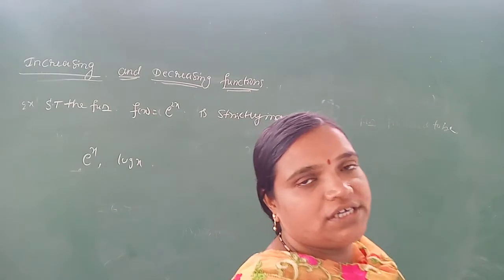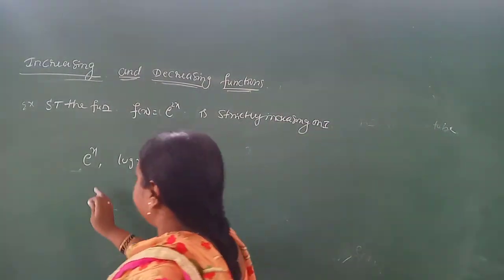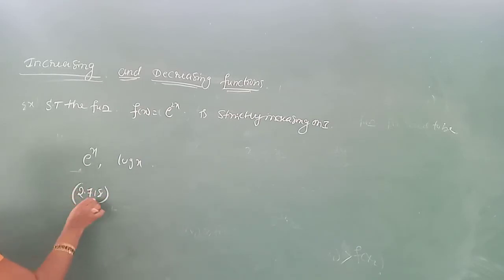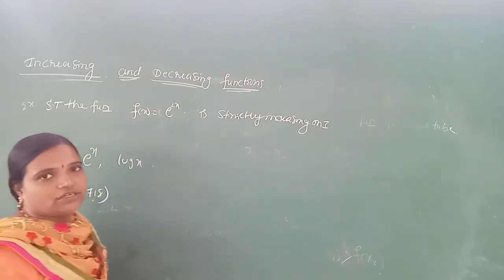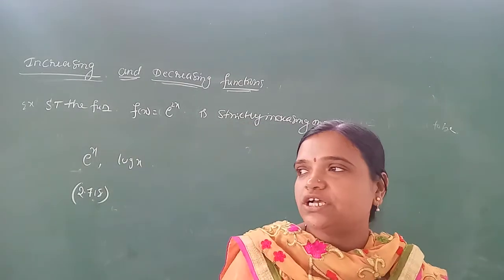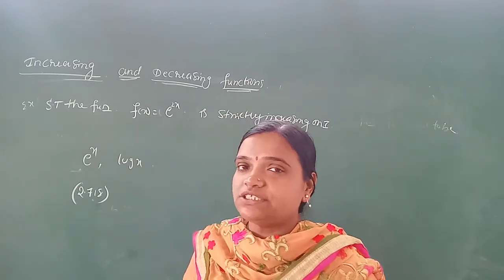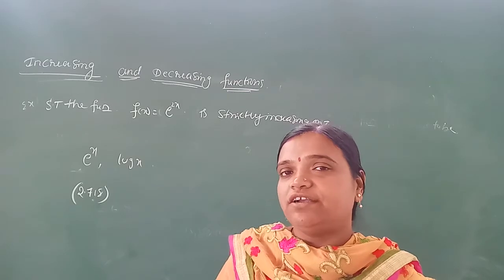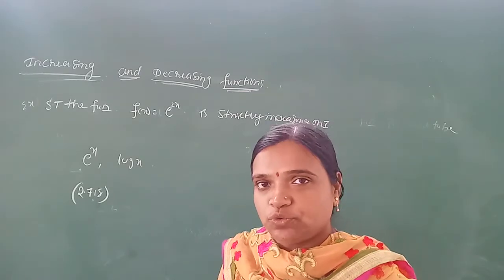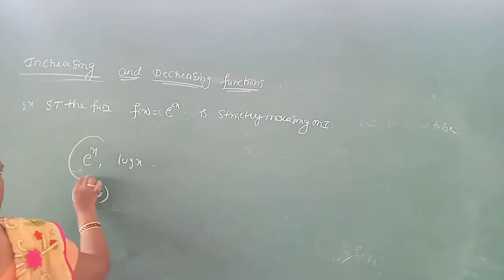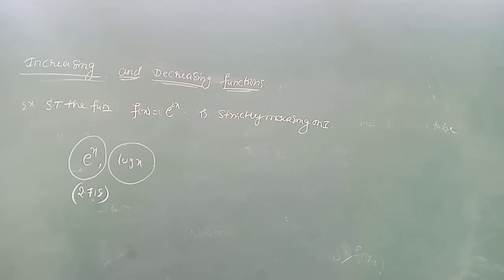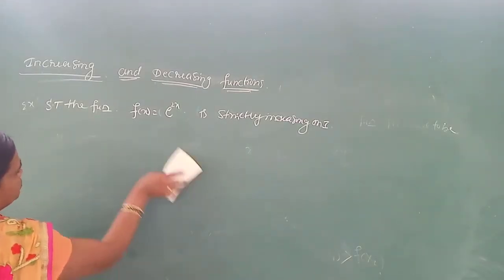They are never decreasing functions, because the value of e itself is 2.718. Therefore, it is always an increasing function, and the log value is also more than 1. More than 1 means naturally it is towards the right-hand side, which means always positive values. Therefore, remember that exponential functions and logarithmic functions are always increasing functions. By knowing this, now we will prove this one.